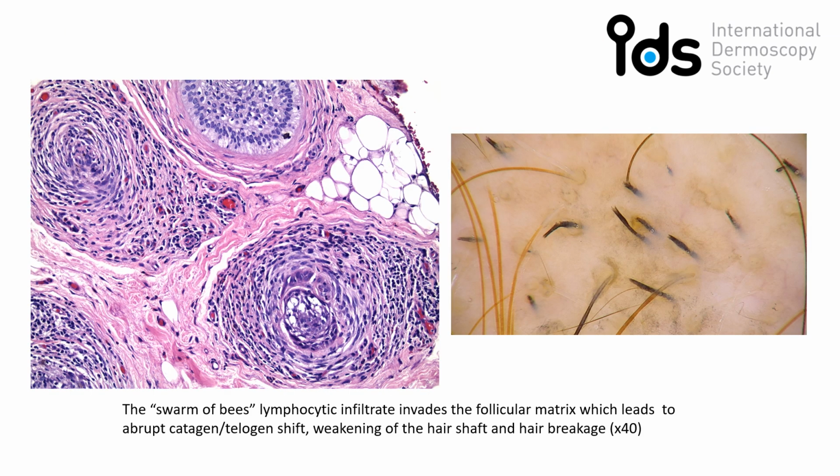You can see on biopsies that the dystrophic hairs correspond to follicles affected by the loss of immune privilege and the presence of a lymphocytic infiltrate that invades the bulbs, the matrix of the follicles, and resembles the swarm of bees infiltrate.